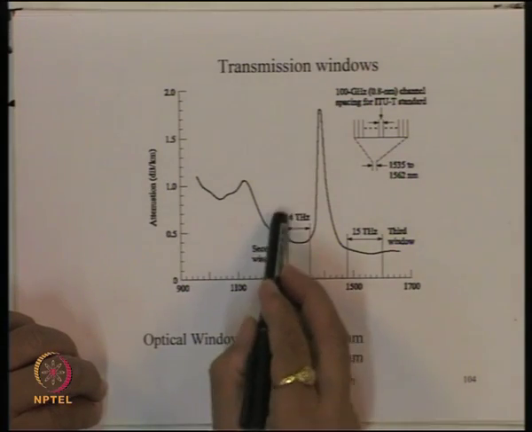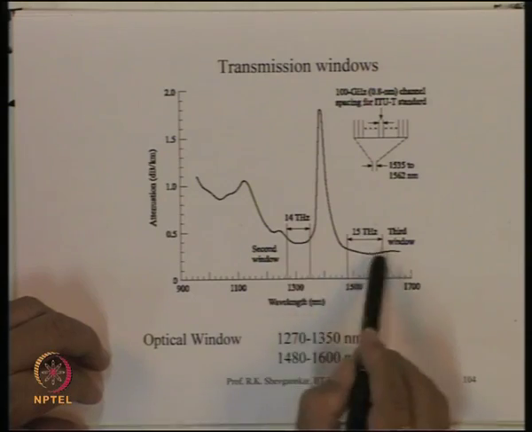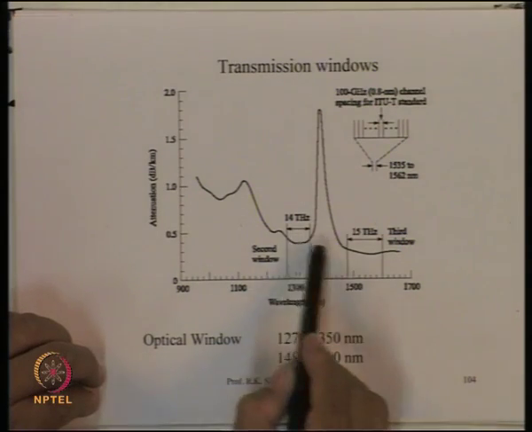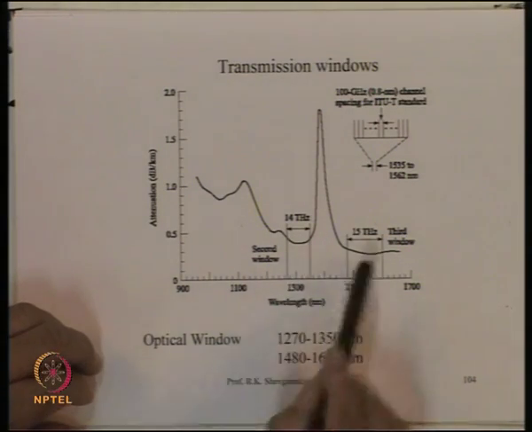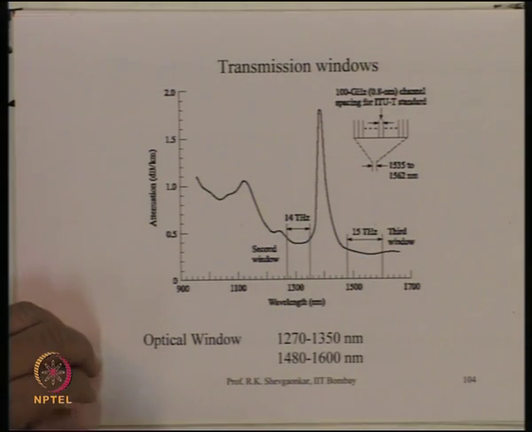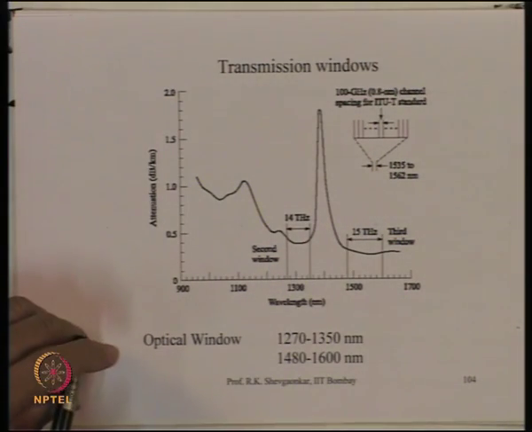So the systems were developed around this window. Later on, as the system lengths became longer and longer, even this difference in the two losses was significant, and then the window was shifted to 1550 nanometer. So this is the third generation system, and this was the second generation system.